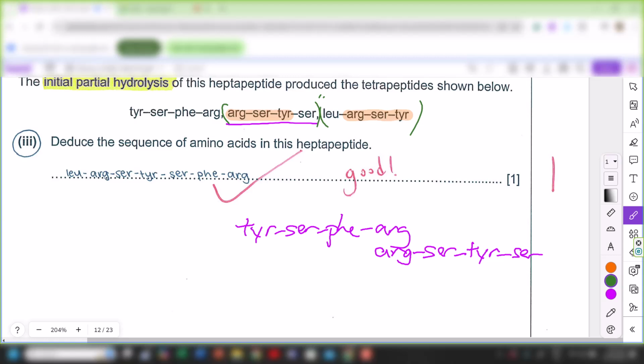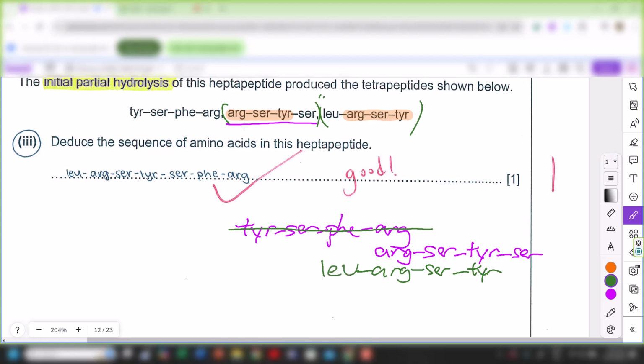So in that case, I'm going to cancel this first and write the Leu below. Arg, Ser, Tyr, and then I write Leu here.